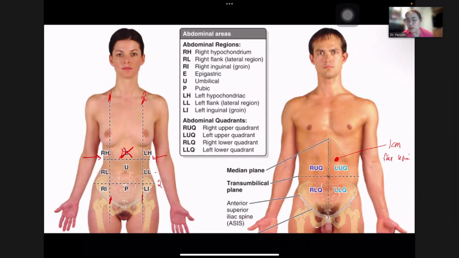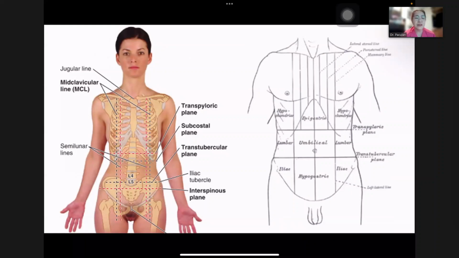Then the rating of pain, pain scale, 4 out of 5. Things like that. Okay? So this is how important knowing these planes and abdominal areas are. That is how we will speak if you refer someone to me or to your consultants. So there's another way.